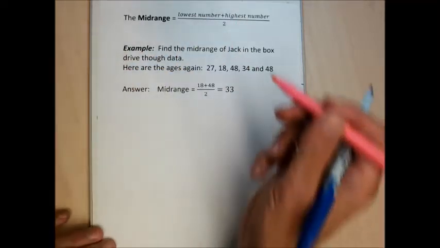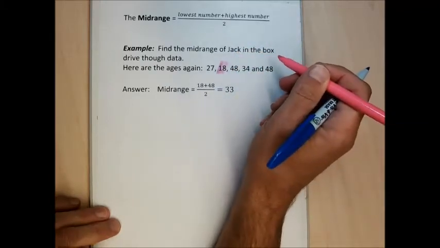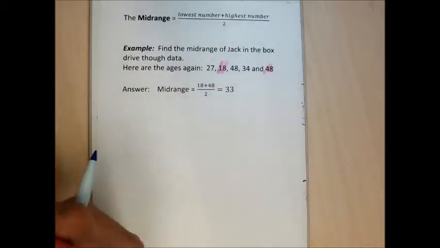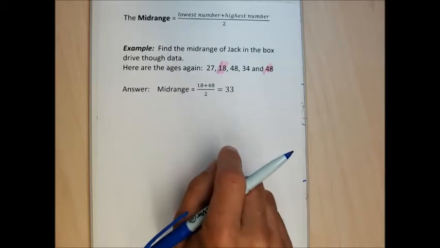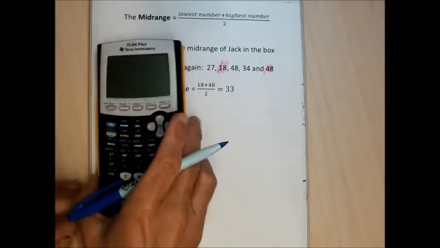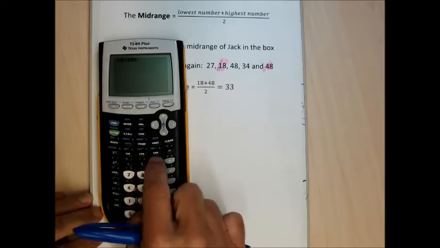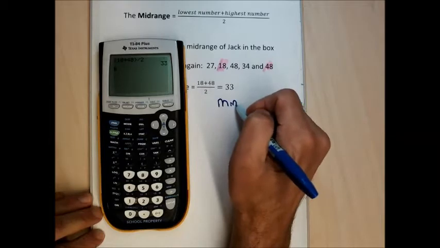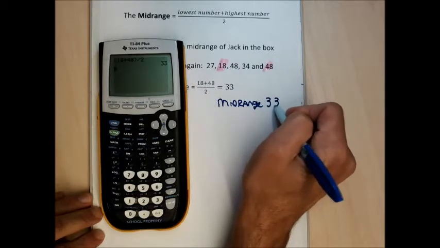For this jack-in-the-box problem, here's the ages. 18 is the lowest age, 48 is the highest age. To find the midrange, you add up the lowest age plus the highest age and divide by 2. If I want to do this on my calculator, I'd just go 18 plus 48 in parentheses and divide by 2, and that would give me the midrange is 33.